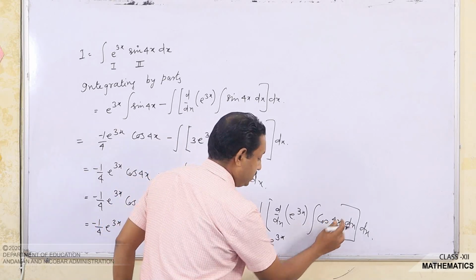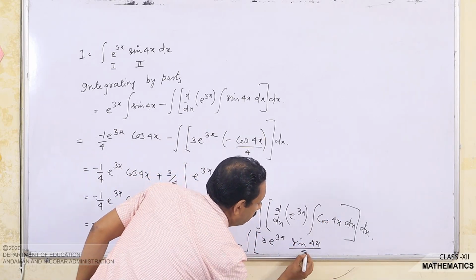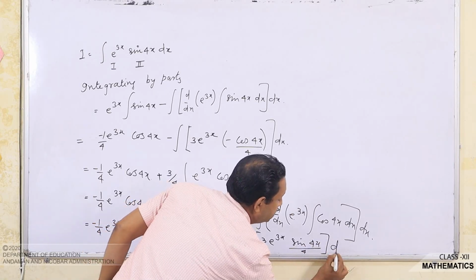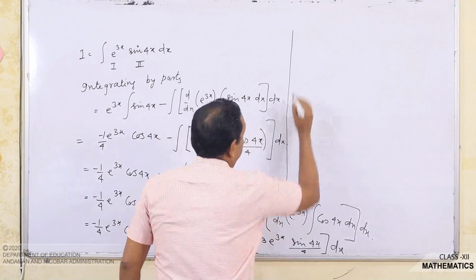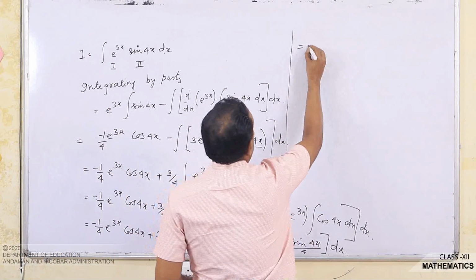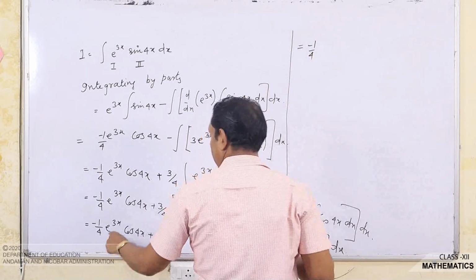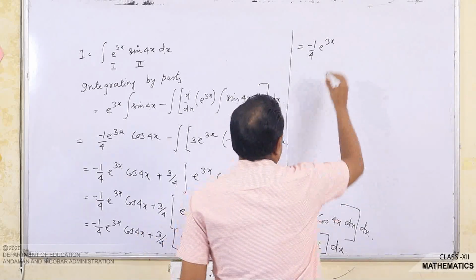Integration of cos 4x, that is sin 4x by 4, and I keep this dx again. So, finally that is equals to minus 1 by 4, e power 3x is here, cos 4x.